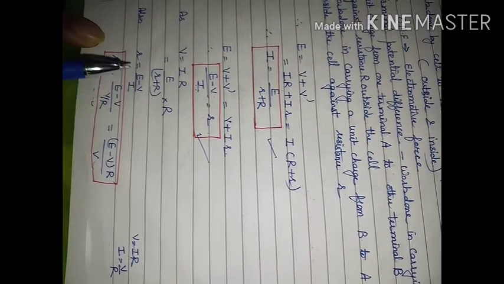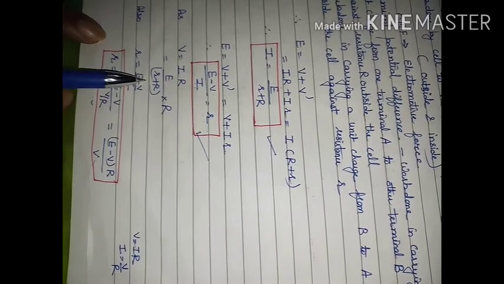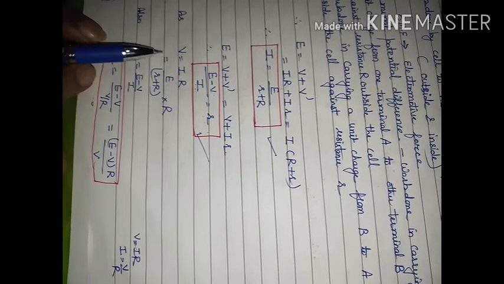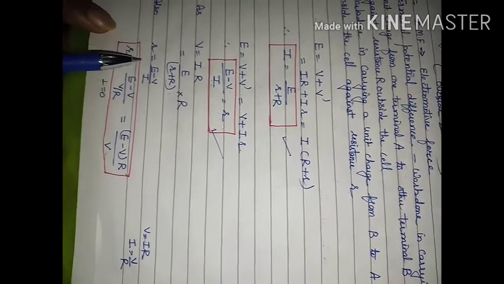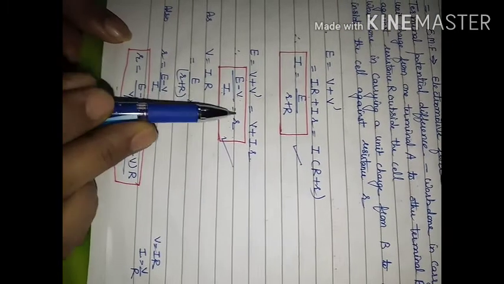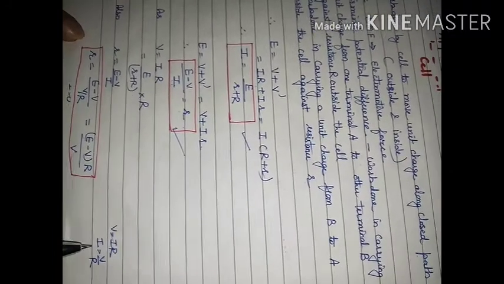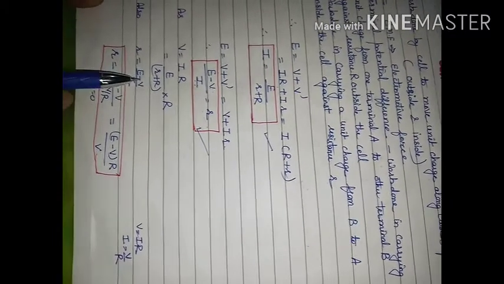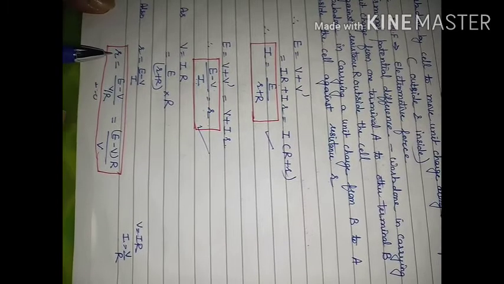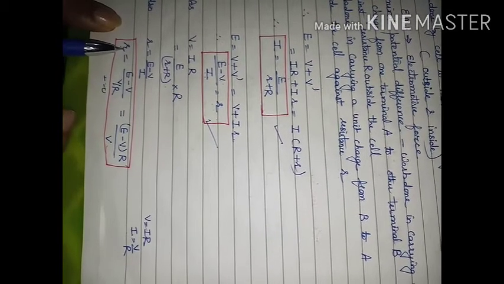Another form, V is equal to IR. Use this value of I here. You will be able to get V is equal to ER upon R plus r. Also, r is equal to E minus V upon I. You will put the value of I using the V is equal to IR relation. Put this value, solve, you will get another expression for finding internal resistance if current is not given.